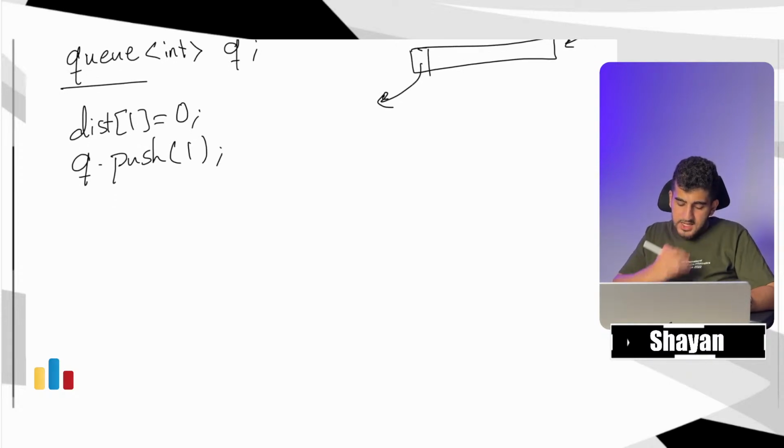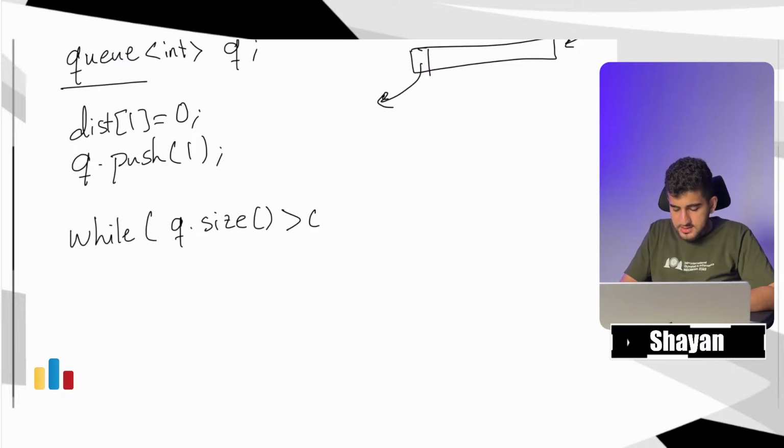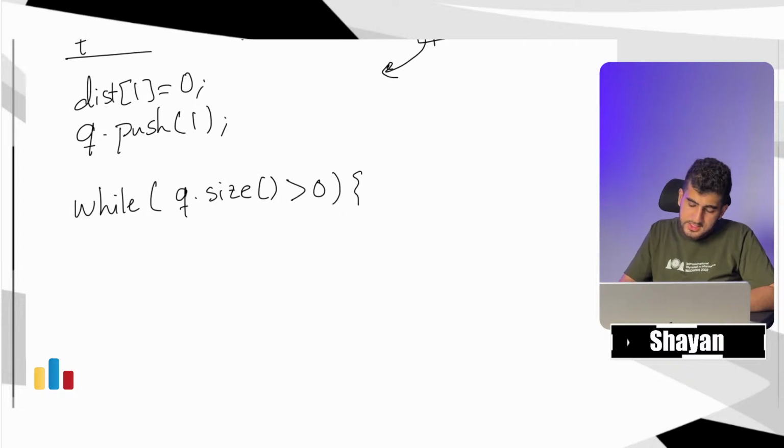So I can do this. I can say that while queue.size is greater than 0, just do this. See what the vertex at the front of this queue is.